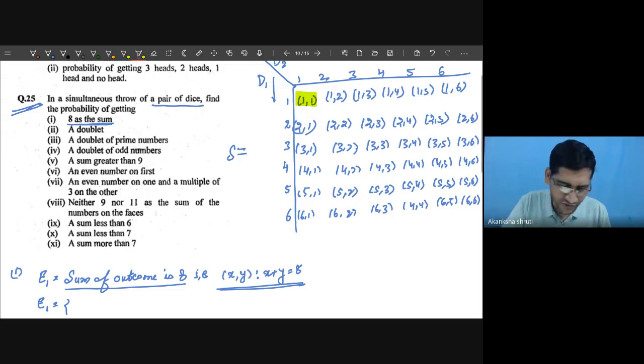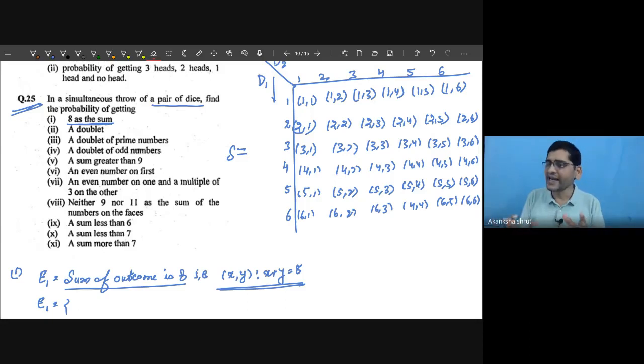Therefore 1 plus 1 is not possible, so we shall not choose this. What we shall choose? At least one of them should be 2, and the other bigger one should be 6. Exactly 8 is required.